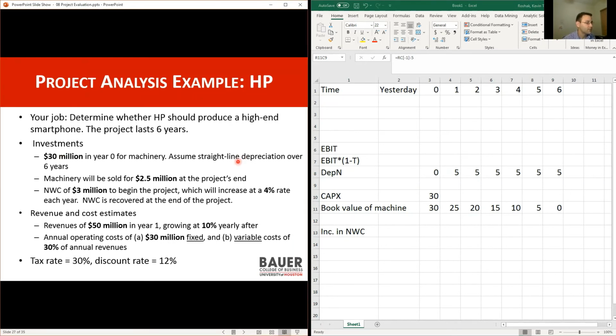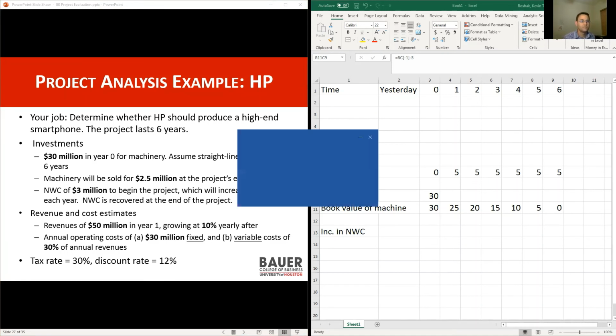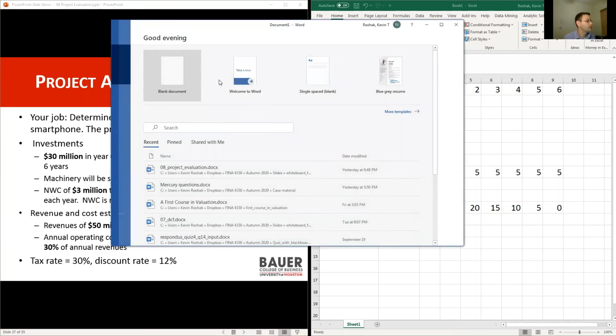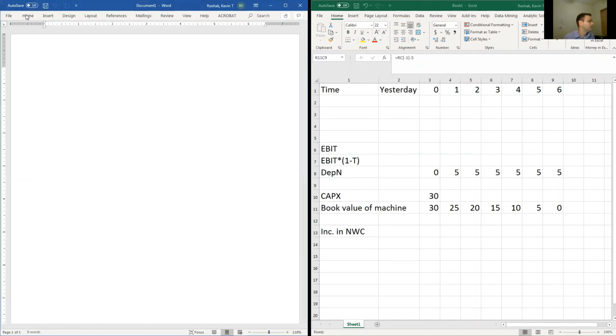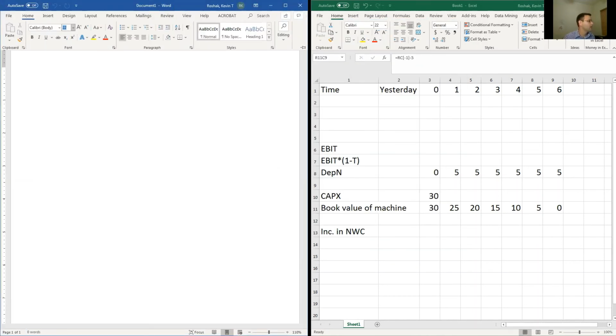We're going to sell the machinery for $2.5 million at the end of the project. Okay. So just like we did with the early example on depreciation and CAPX, now we have to worry about reversing the CAPX. Right? We're going to sell it for $2.5 million. Now remember, if I bring up a Word document here, remember what the free cash flow from a sale of an asset is.